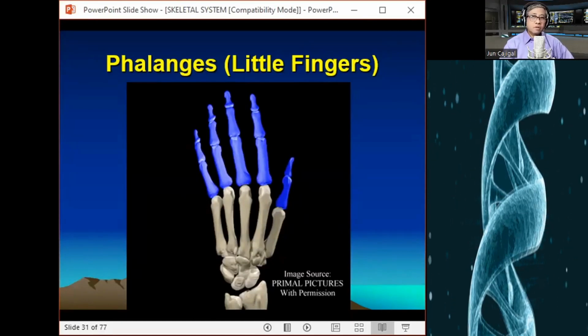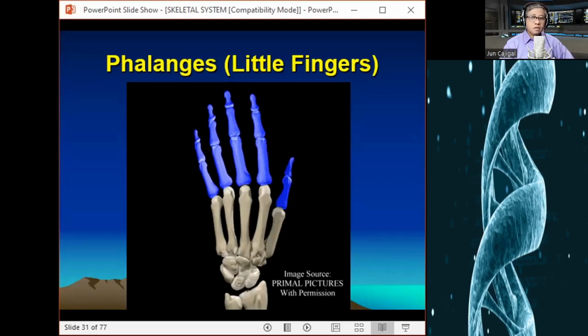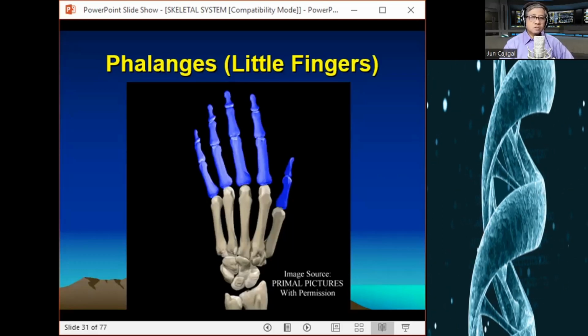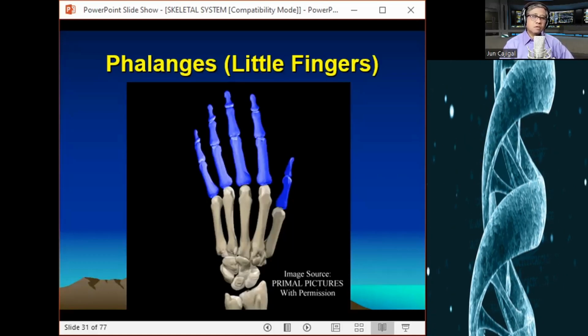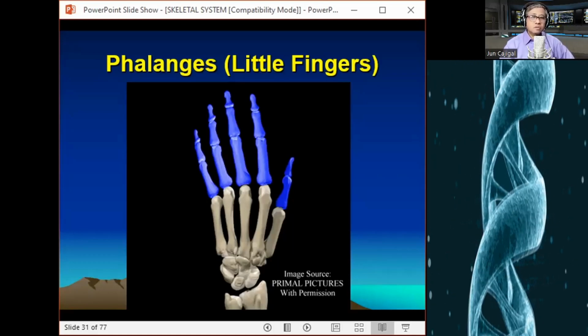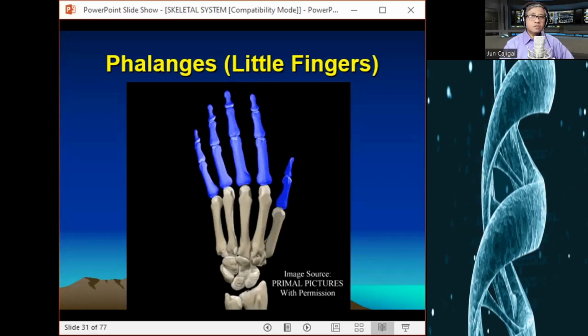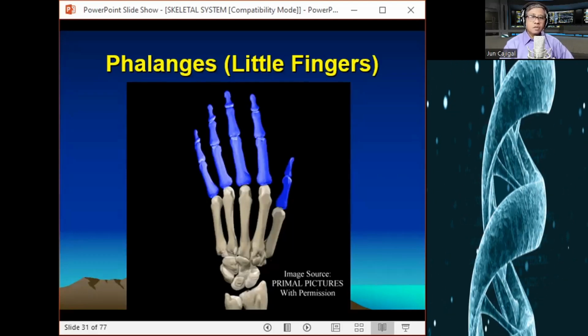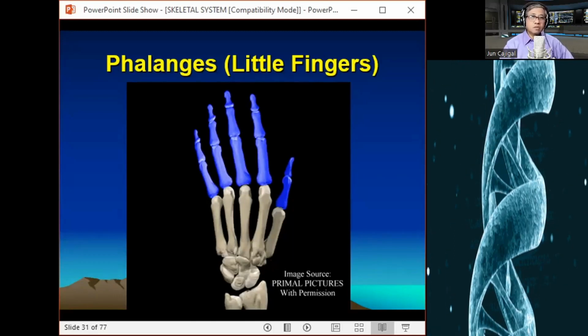We have the clavicle and scapula that form the pectoral girdle that attaches the arm to the axial skeleton. Then we have the humerus, radius, ulna, the carpal bones or the wrist bones, metacarpals, and the phalanges of the fingers. Alright, so let us now zoom in on the lower extremities.